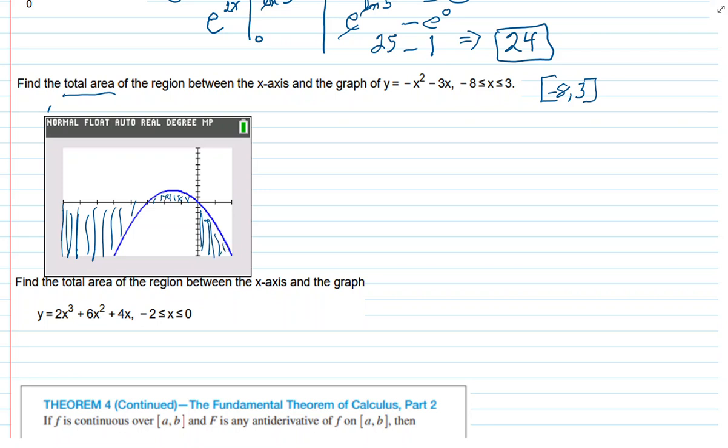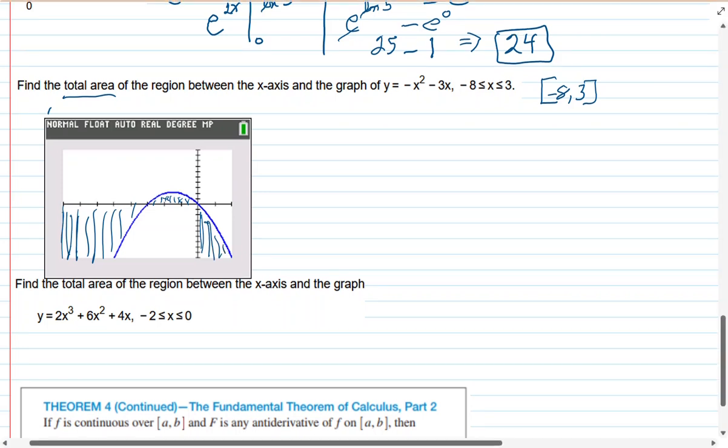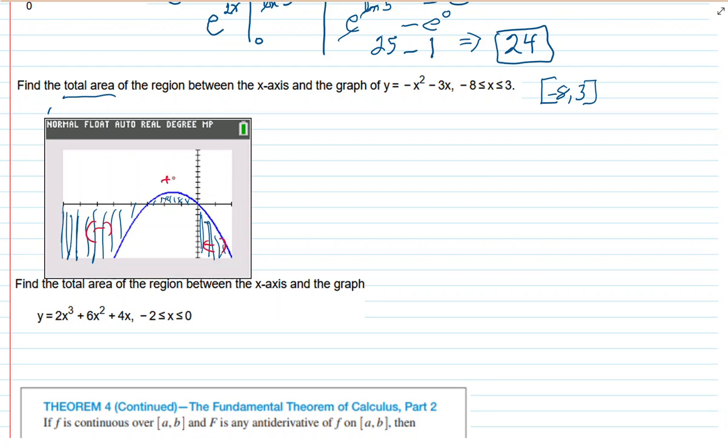So this is negative area and negative area and positive area. But the problem with this guy is that we have half an area there, and it might be 0. So we have to be careful with that.